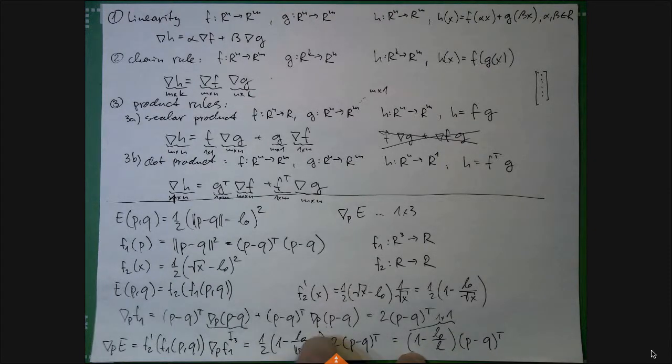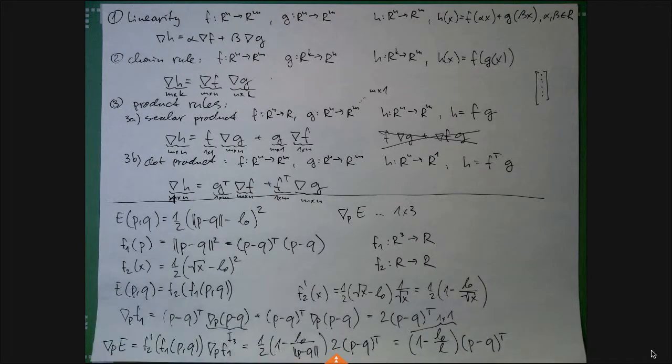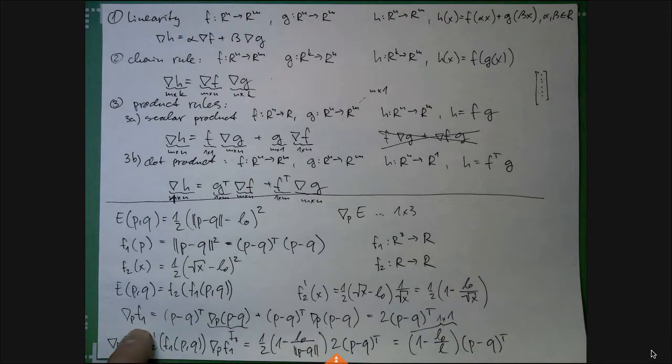Maybe I should first do what is the gradient of E with respect to q? Let me just do this quicker. It's going to be almost the same thing. The only difference will be when I differentiate this with respect to q, I will be taking the gradient of this expression with respect to q.